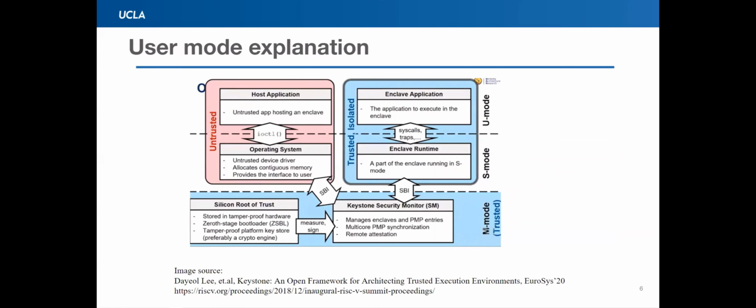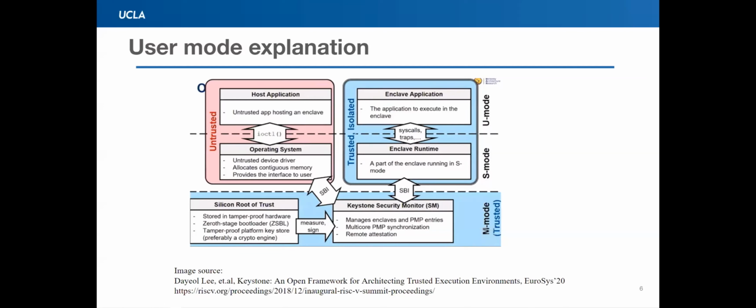Root of trust is stored in tamper-proof hardware to verify and check the security monitor so that the overall M mode can be trusted. The operating system is executed on top of the M mode in the S mode. The operating system can allocate memory and the interface, and so the user, security monitor can initialize the enclave.